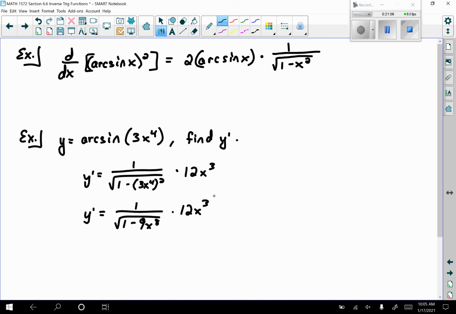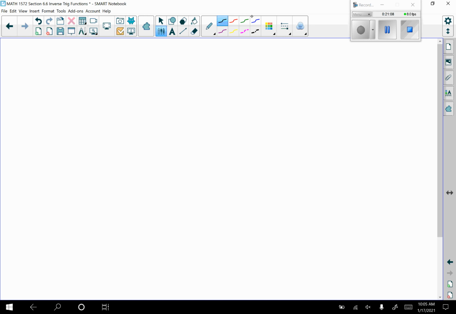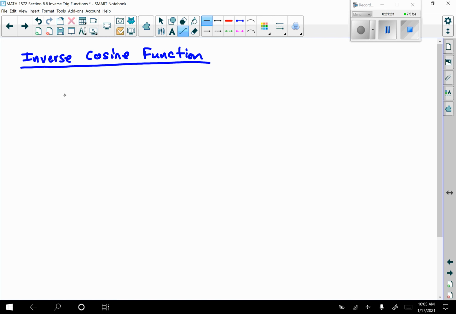So next, let's take a look at the inverse cosine function. Again, I'm going to start with a graph.